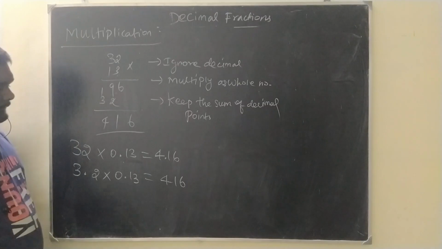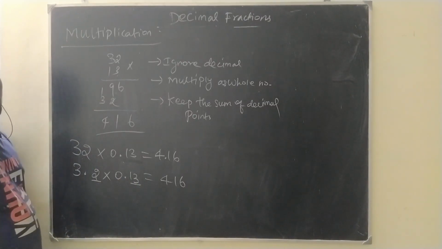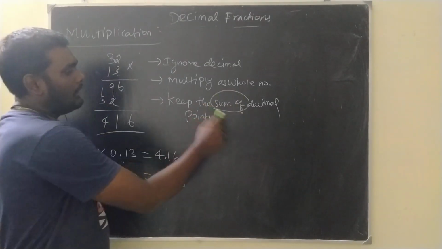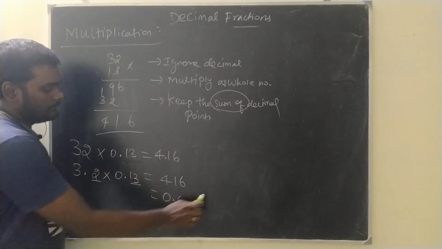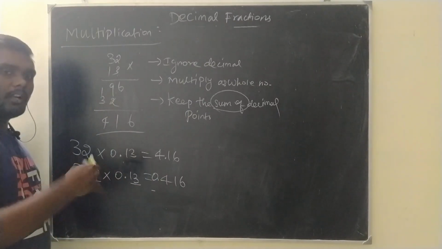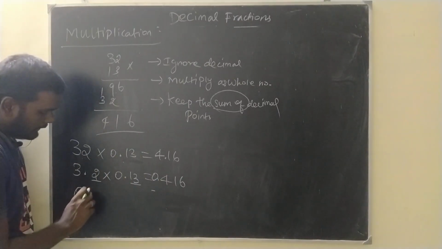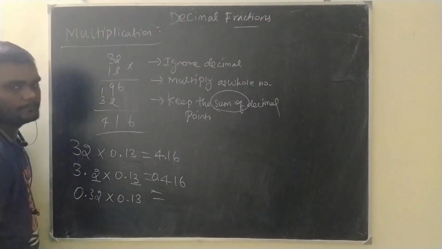But here how many decimal points? Here 2, here 1. In total 3. That is why I said sum of decimal points. So the answer is 0.416.